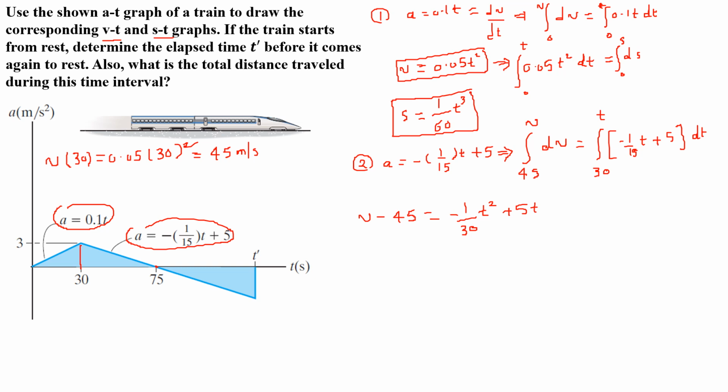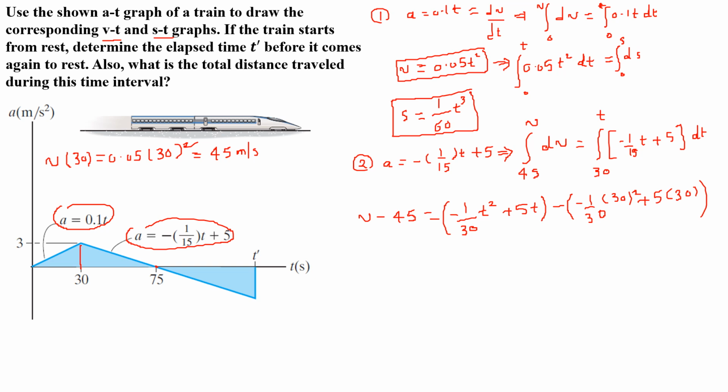If I replace the upper limit of the integral, I'll get the same expression. So now let me immediately replace the lower limits. So now this one here minus the lower limit, minus 1 over 30 times 30 squared plus 5 times 30. Let me simplify now.